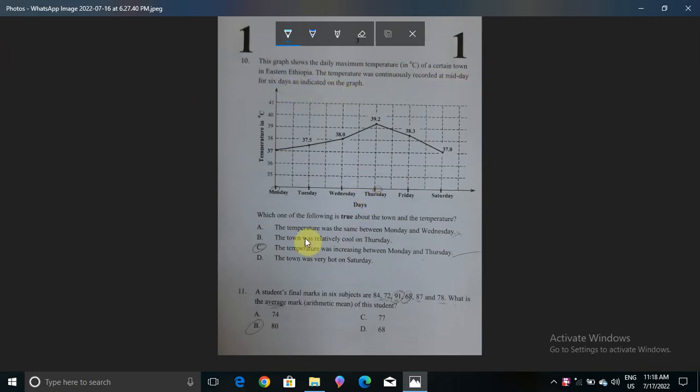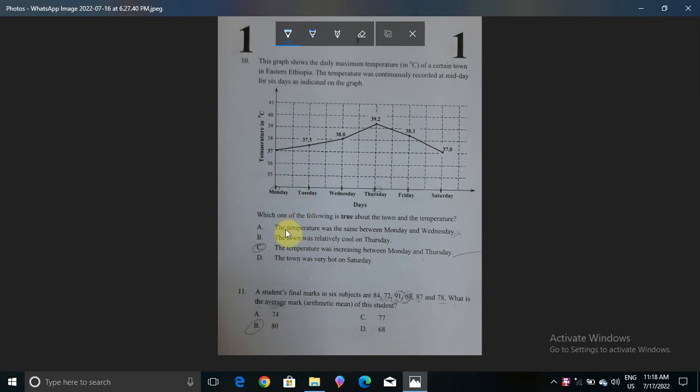Now the question says, which one of the following is true about the town and the temperature? Here what we have: the temperature was the same between Monday and Wednesday, or the town was relatively cool on Thursday, or the temperature was increasing between Monday and Thursday, or the town was very hot on Saturday.